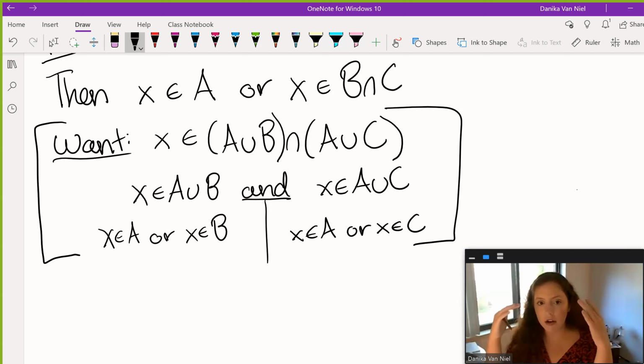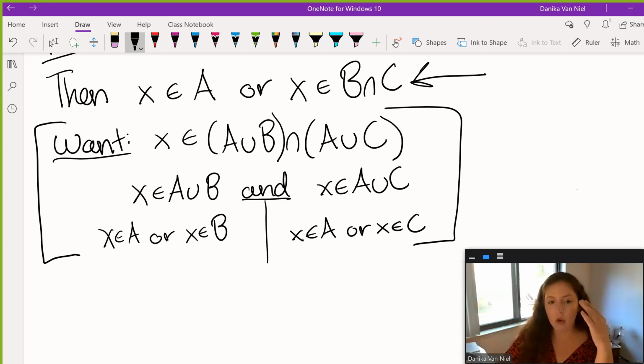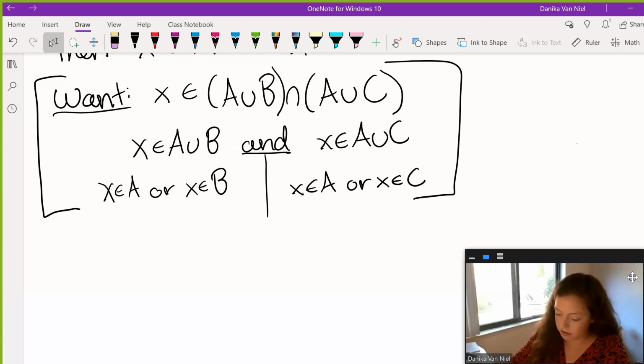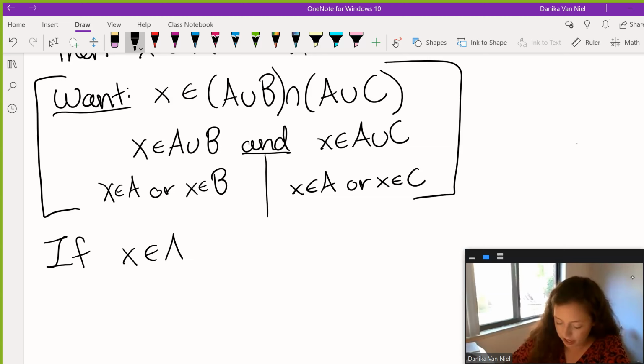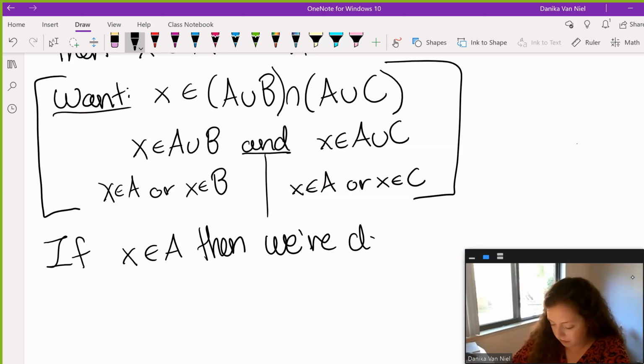This is where I left off with the information that I have: X is in A or X is in B intersect C. So if X is in A, then we're done, just with this part of the proof, not with the whole thing.